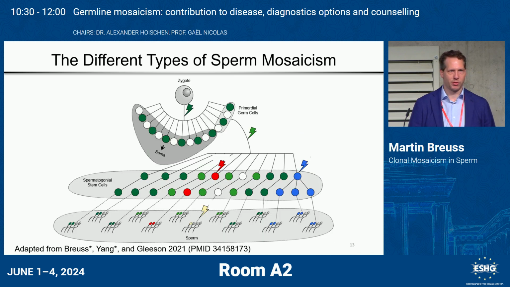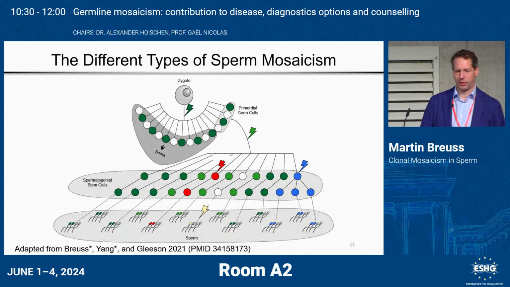Just one more picture to put this into more perspective. Starting again here with the zygote, and then having the split from the soma and the primordial germ cells. So if a mutation happens early enough, it will be present as this mixed mosaicism that was mentioned before. And if it happens later on, once the primordial germ cells are actually established, you will have a confined mosaicism that will go on and still be present in the spermatogonial sperm cells, but not measurable from the soma.